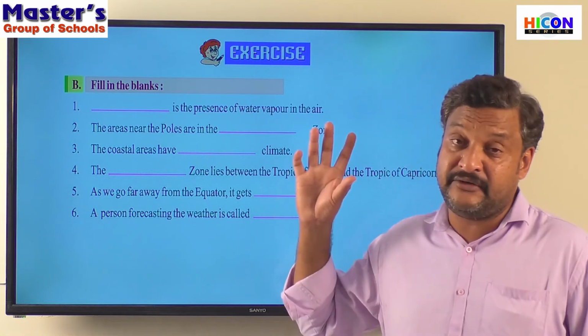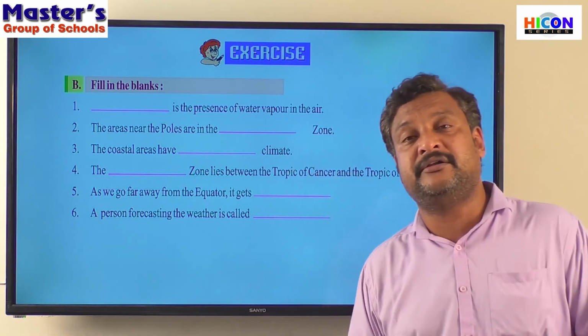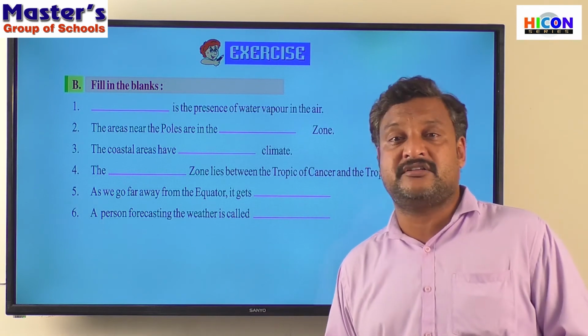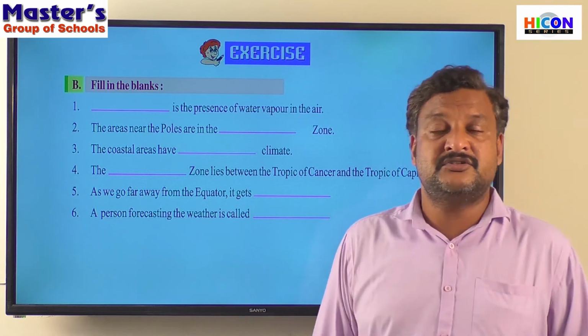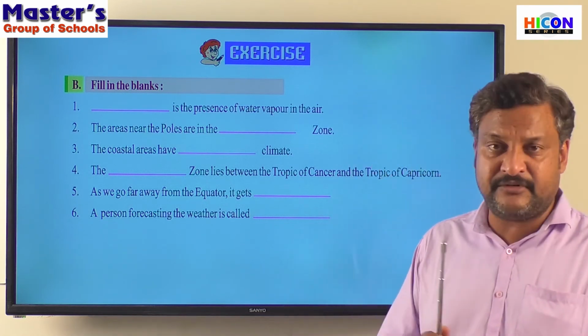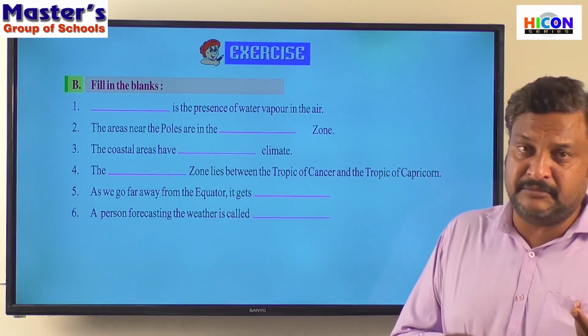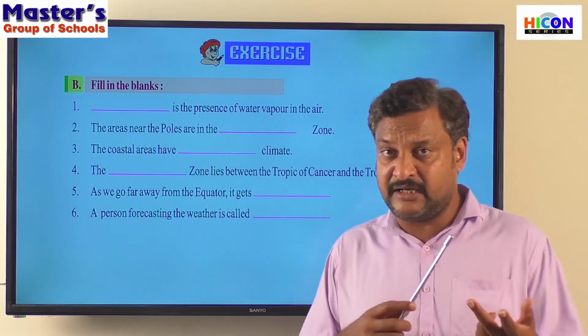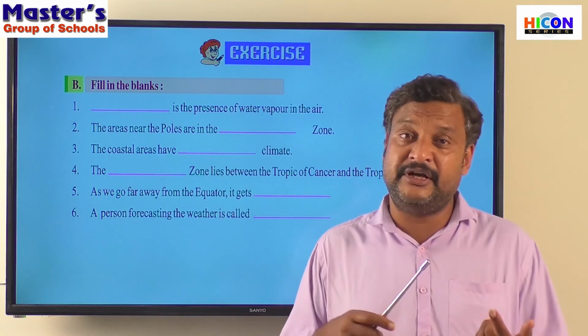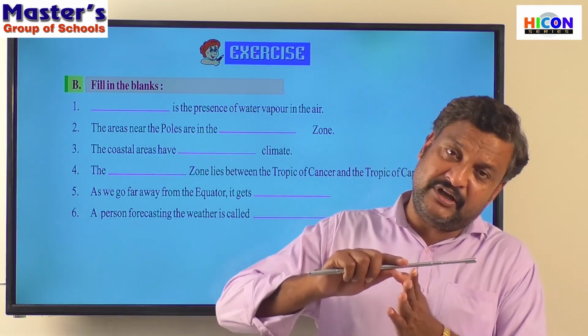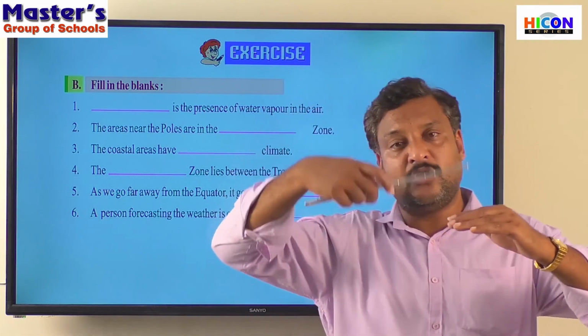The sun rays hit directly on the equator, and that region is the hottest region. That region is also known as the torrid region. So as we move away from the equator, after torrid we have temperate zones, and after that frigid zones.